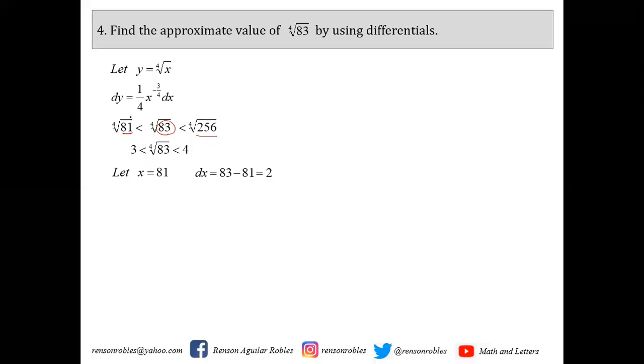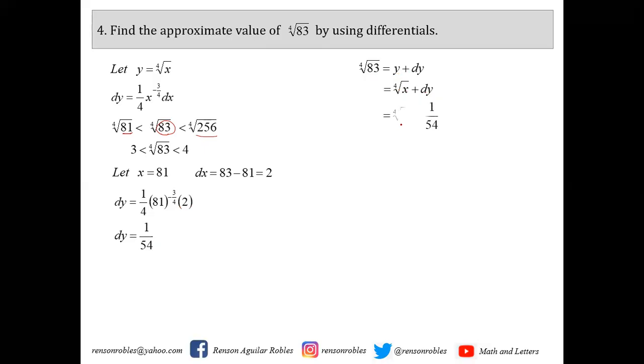So therefore, dy is now written as 1/4 times 81 raised to negative 3/4 times the differential in x, that's dx. And with the aid of a calculator, dy is equal to 1 over 54. And finally, the fourth root of 83 is equal to y plus dy, or fourth root of x plus dy.